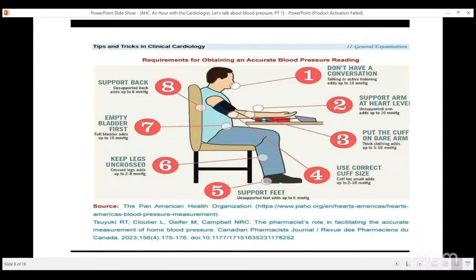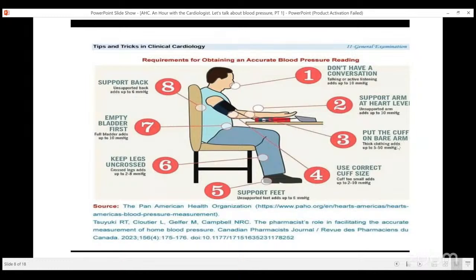Support the arm at heart level, it's important. An unsupported arm adds up to 10 millimeters of mercury. So your hand should be at the heart level, just the way this is being illustrated here. This person is well seated and the hand is at the heart level. Put the cuff on a bare arm.